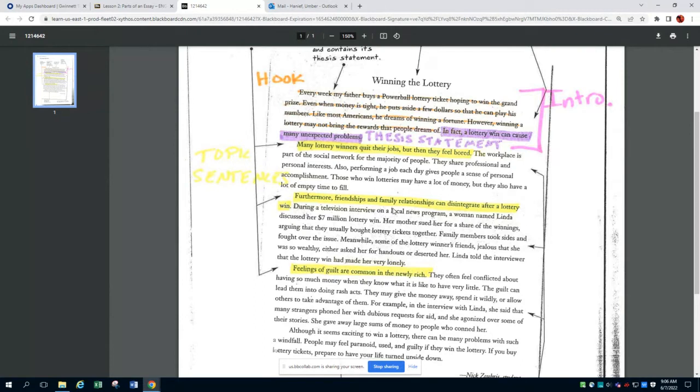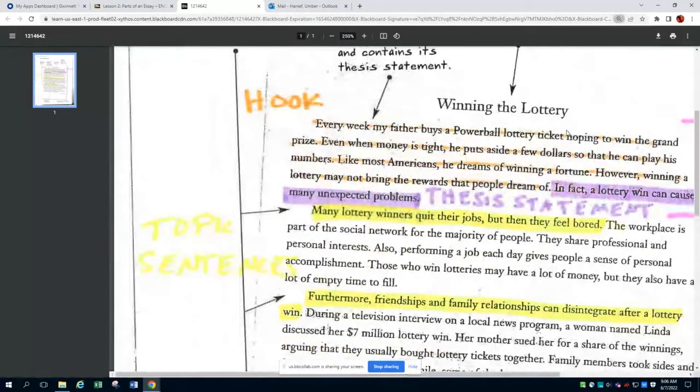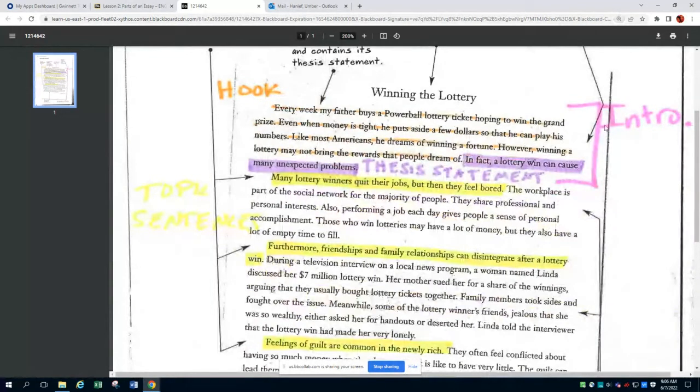But I want to break each of these sections down a little bit too. I want to spend some time up here with the introductory paragraph. I hope you guys can see on the screen that in the introductory paragraph, I'm going to make that bigger because I'm only interested in the introduction right now. I have 2 different colors, purple and orange.